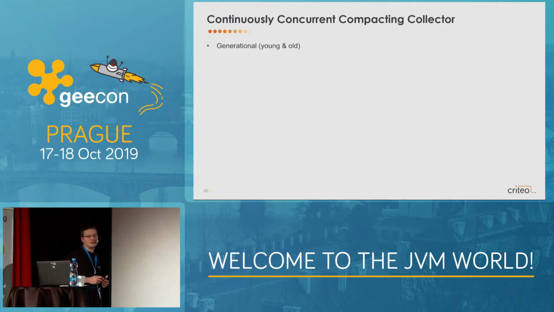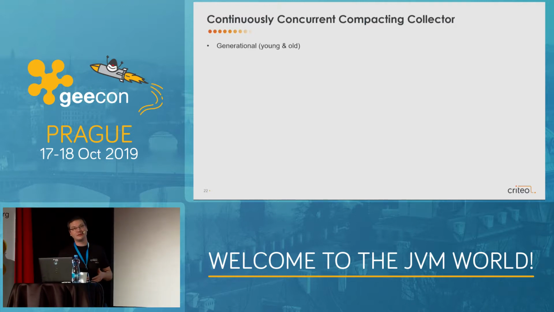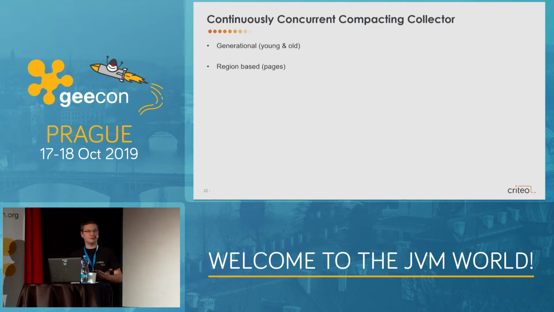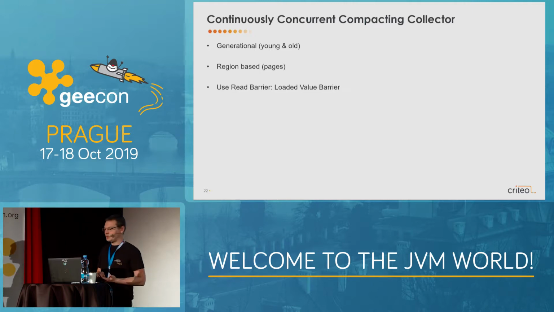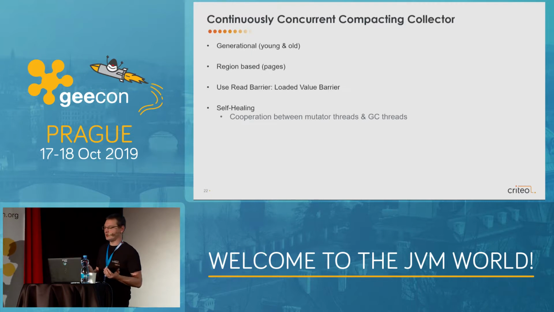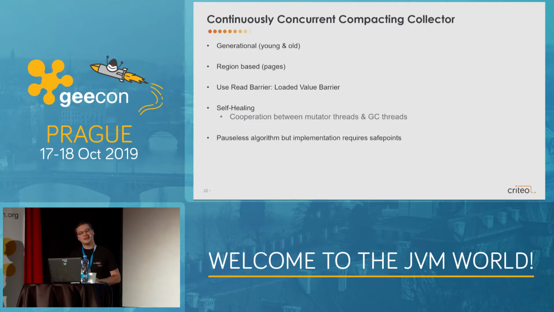That's a GC that is generational. We have the same algorithm for the young and old generation. It's also region-based, like Shenandoah and G1. They call them pages. They also use a read barrier, called the loaded value barrier. There is also the self-healing concept, the cooperation between the mutator, the application thread, and the GC threads, at all levels, as we will see.